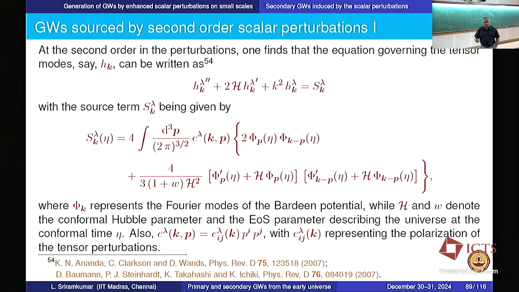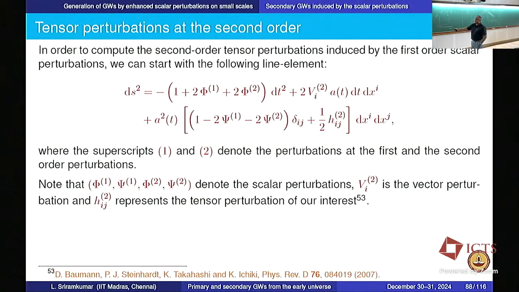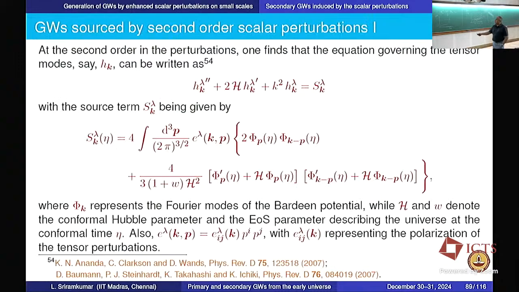And I've been repeatedly mentioning how these tensor perturbations are sourced by the scalar perturbations, and these scalar perturbations are described by the Bardeen potential. These are Fourier modes of this quantity phi1 or psi1. At the leading order, remember, if there are no anisotropic sources, phi1 equals psi1, only that quantity appears here.